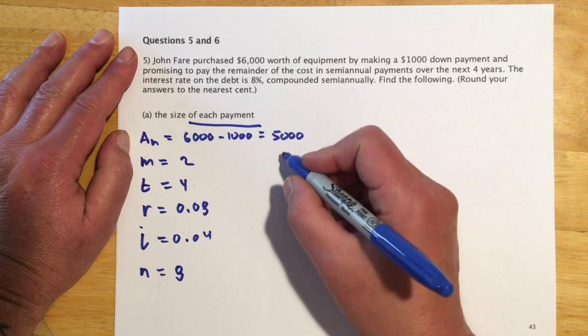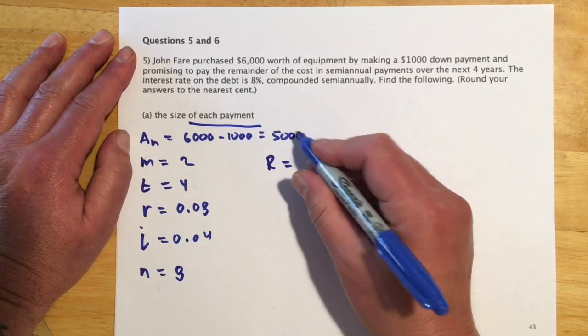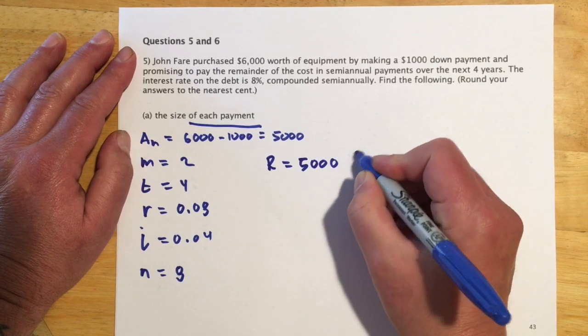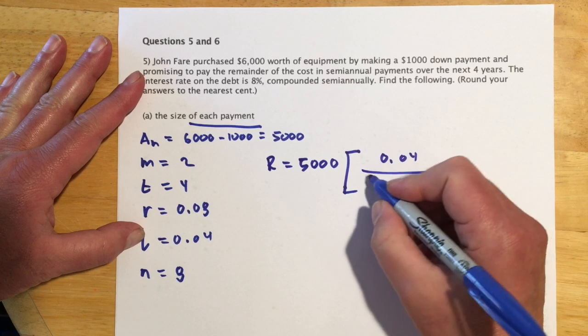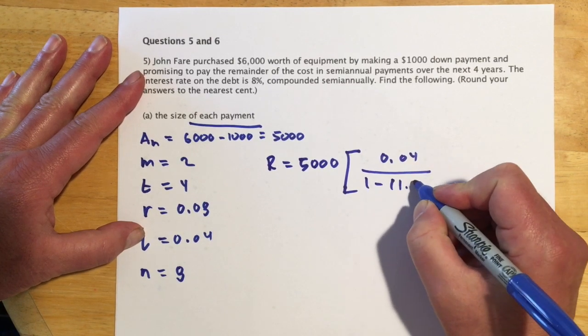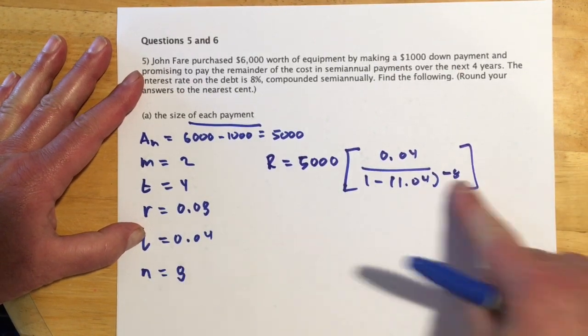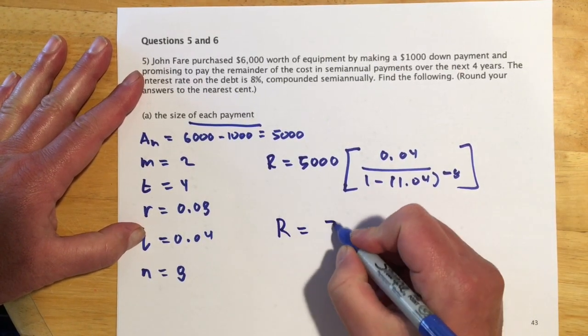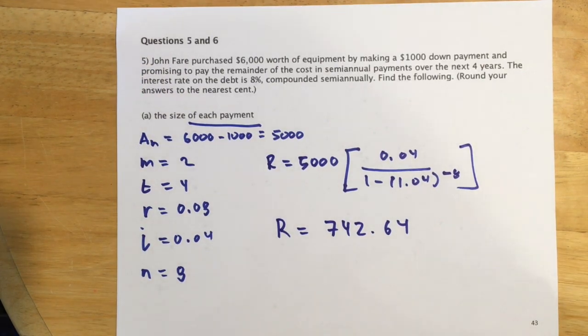And so to do the payments, we'll do R equals A sub N was 5,000, and then i 0.04 over 1 minus 1.04 to the negative 8. And then we just throw all that in the calculator. It's 742.64. So that's going to be our payment amount.